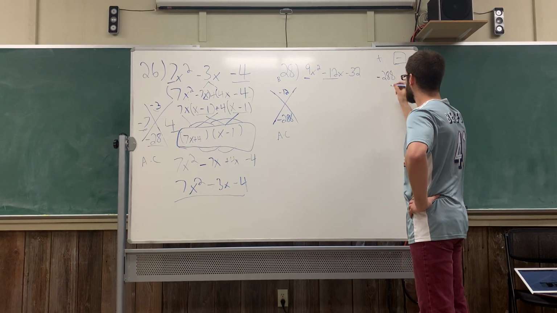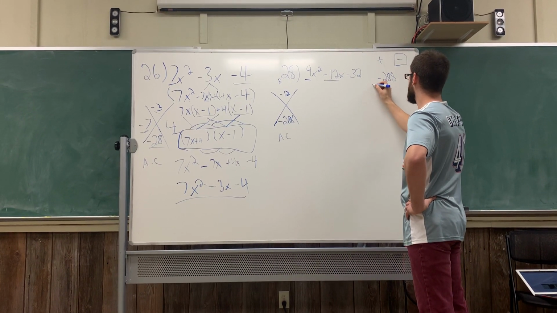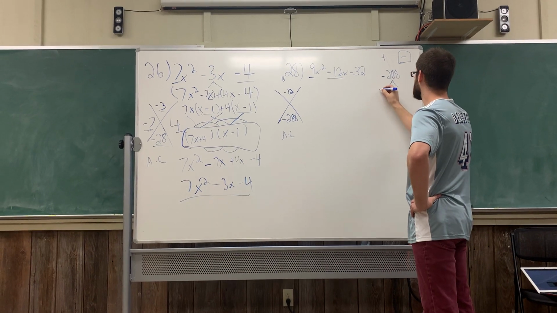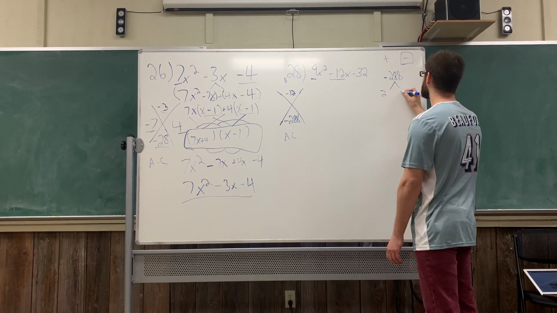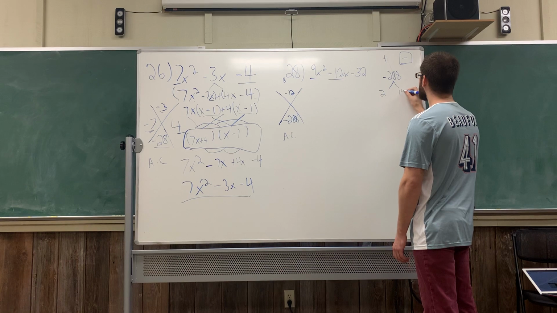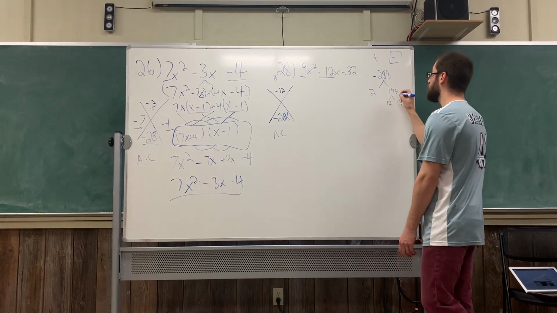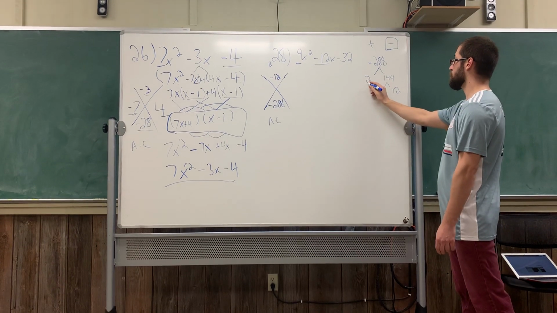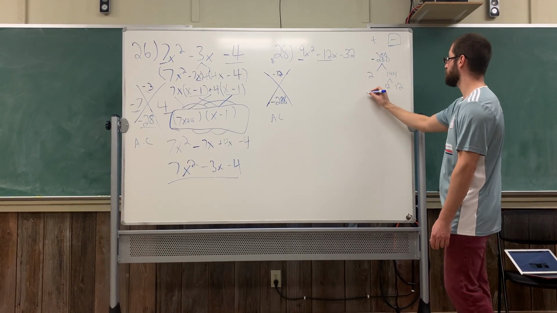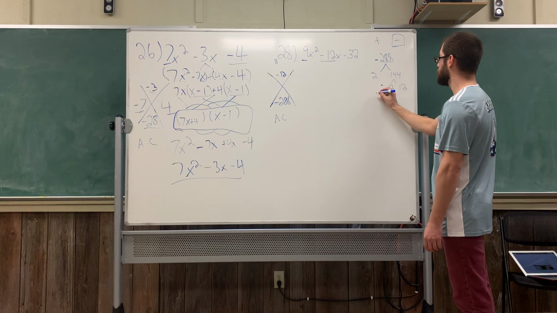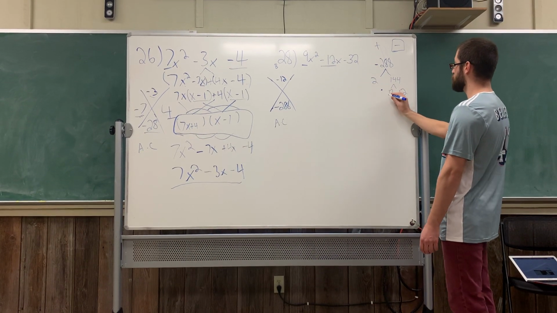I'm going to look at what my factors of 288 are. 2 and 144, 12 and 12. So 2 times 12, that means my factors are 2, 12, and 12.